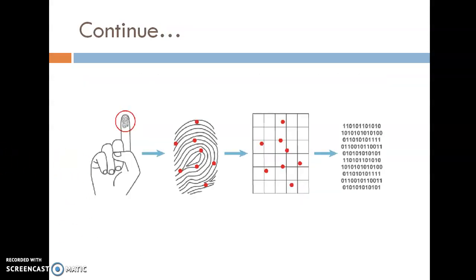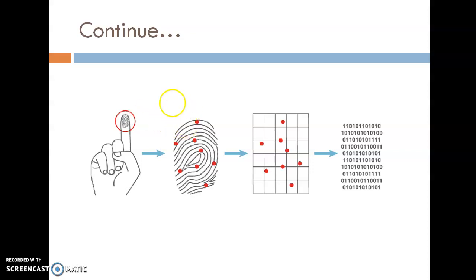Now see here, this is a diagram of a fingerprint. The architecture of a fingerprint is made up of ridges and valleys. Ridge means the upper portion of the fingerprint, and valley is the lower portion.